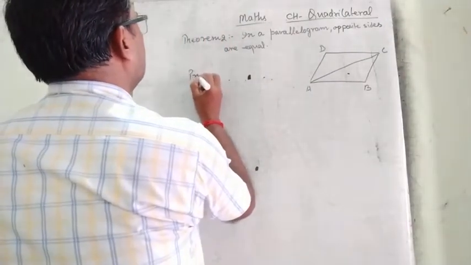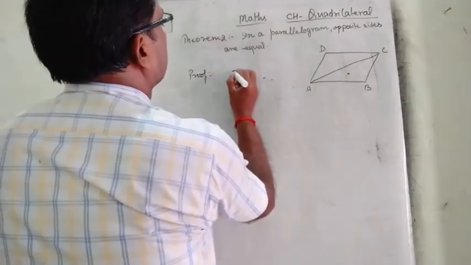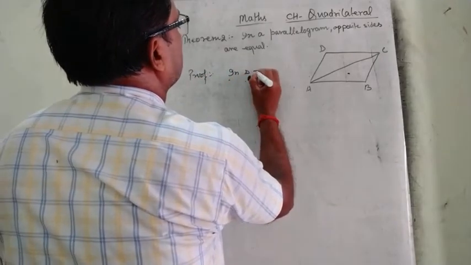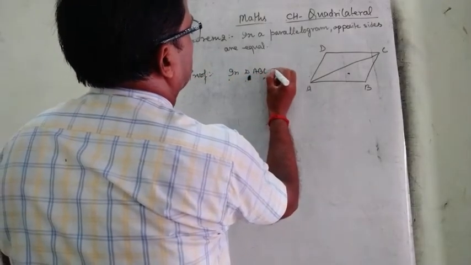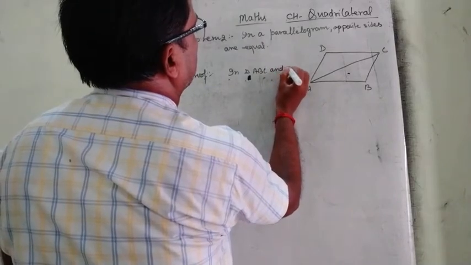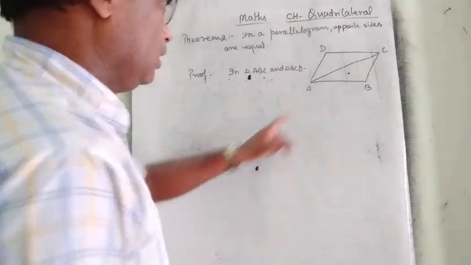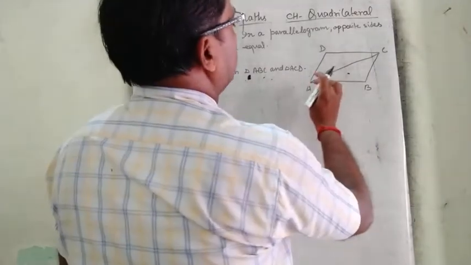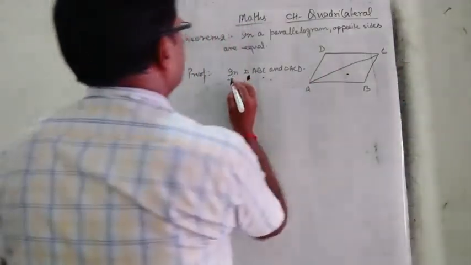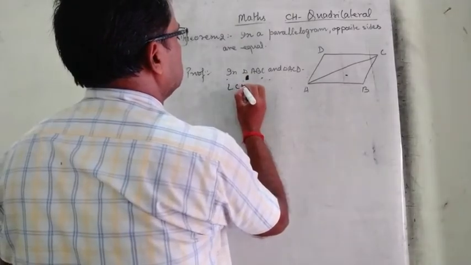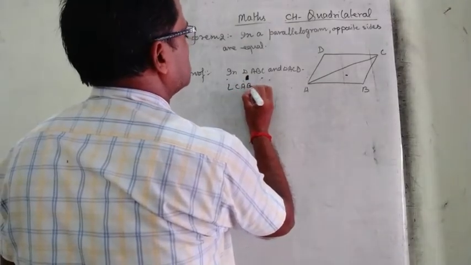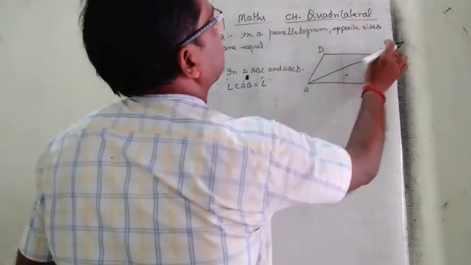Proof: in triangle ABC and triangle ACD, angle CAB is equal to angle ACD.